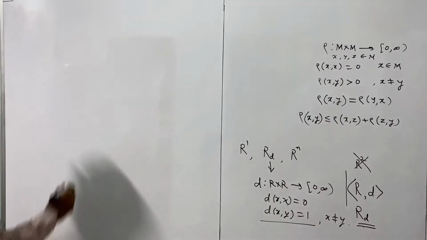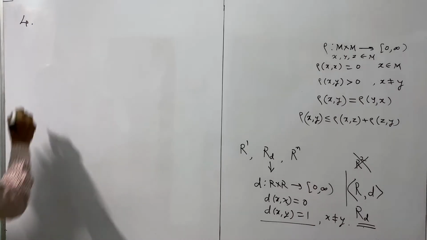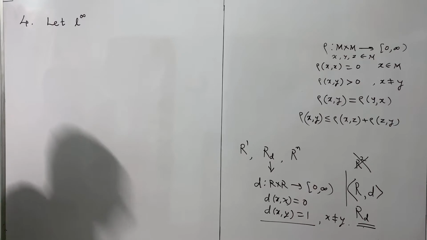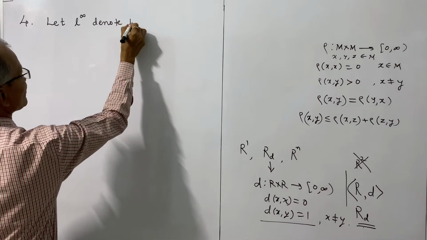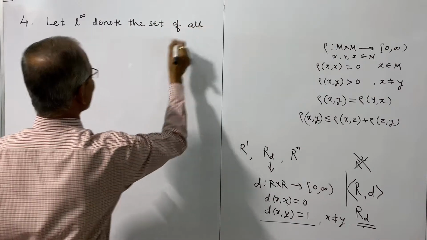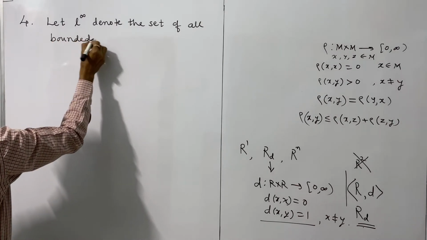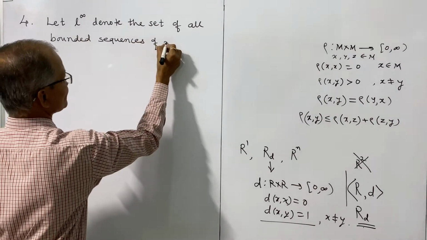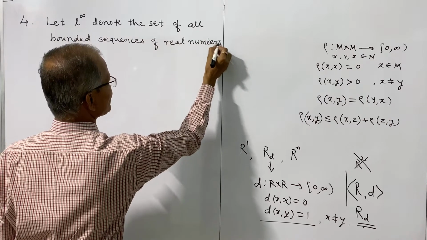Now we shall consider the next example, that is the fourth example. Let L infinity denote, this is a notation, the set of all bounded sequences of real numbers. First we consider a set.